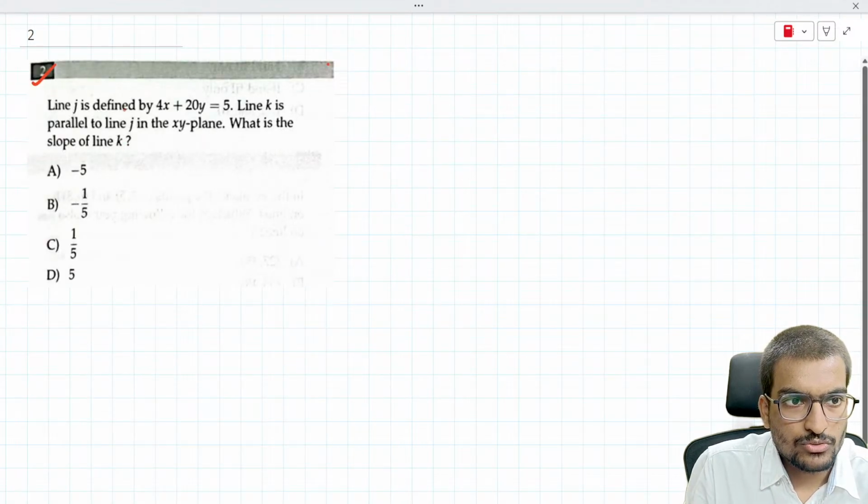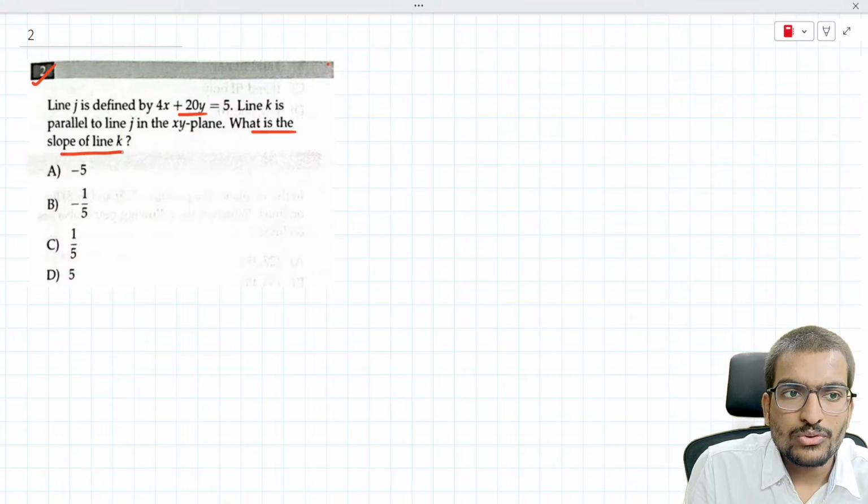Coming to question 2. Line J is defined by 4x plus 20y equals 5. Line K is parallel to line J. What is the slope of line K?